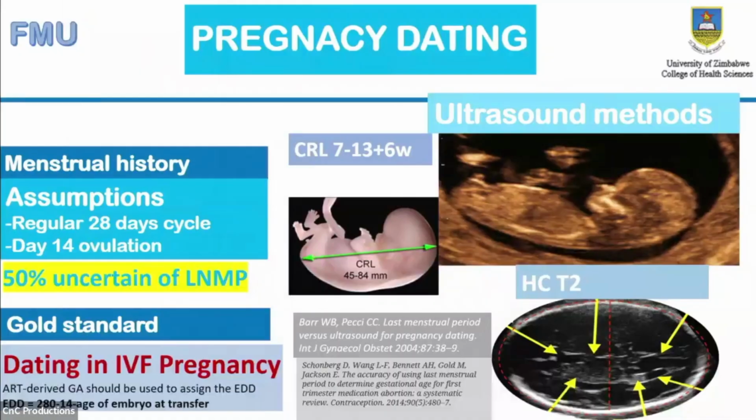Then afterwards, when the fetus or the embryo is now visible, we use the crown rump length, which is like the gold standard with a very minimal margin of error.